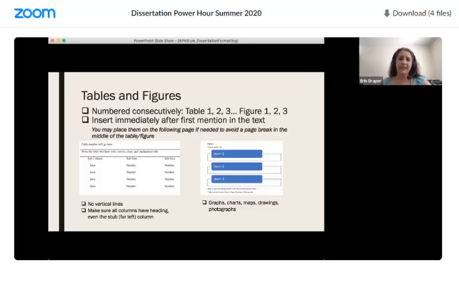The big thing that I end up saying a lot about tables is APA style likes to have as few lines as you can get away with. They believe it improves readability and makes it more accessible and understandable. So that means don't use vertical lines in your table at all.